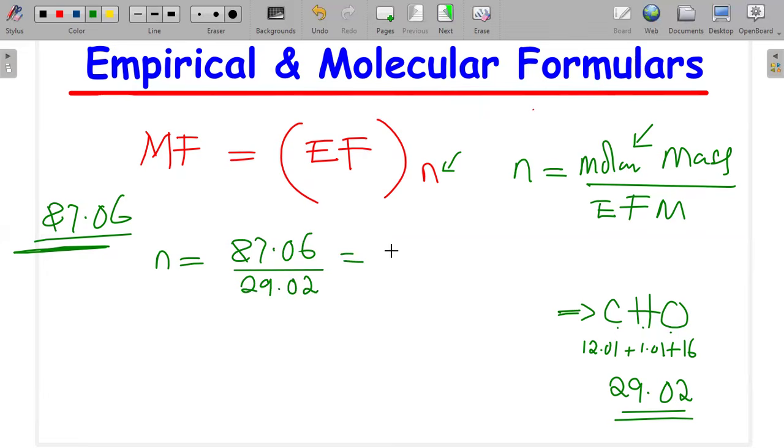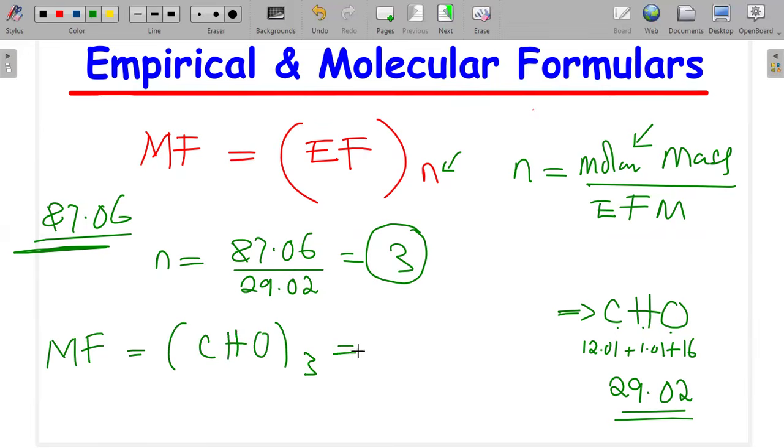So when I divide this, I'm getting 3. So it means my n is 3. So my molecular formula in this case will be my empirical formula multiplied by 3. So this will just be C3H3O3. This is just an example, but there is no compound that exists like that. So that's how we are going to be finding the molecular formula.